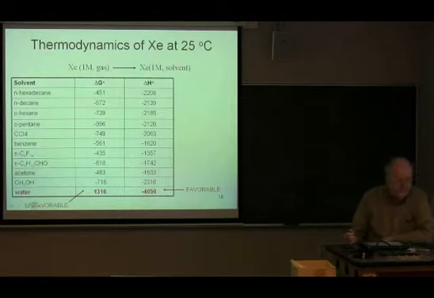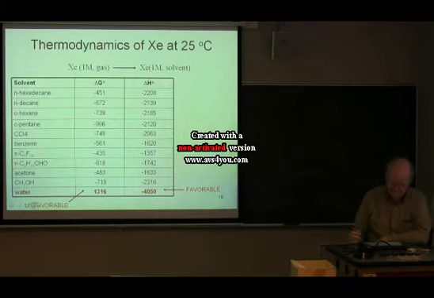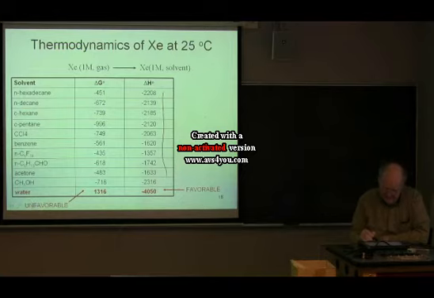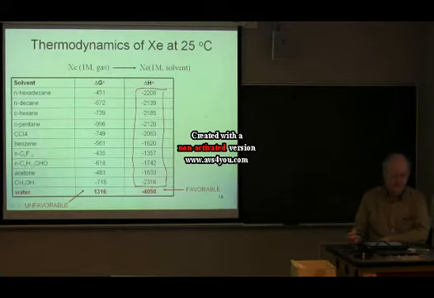Here's delta H. And there's a shocker here. You should recognize it as a shocker. These are all, roughly speaking, about the same size. And they're all favorable.